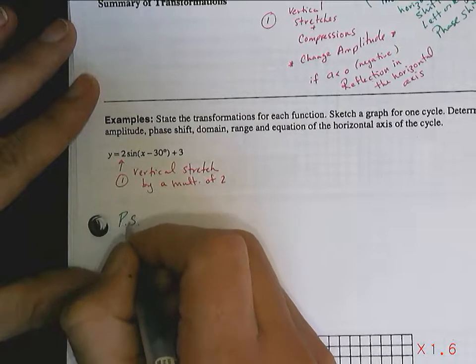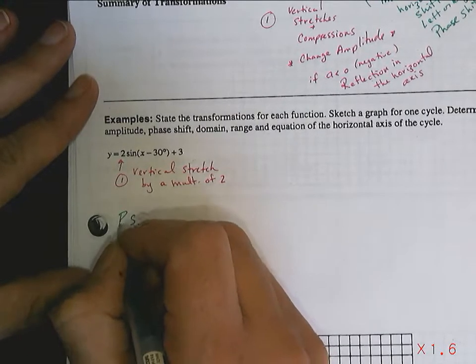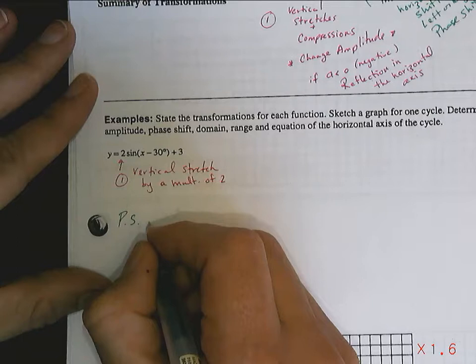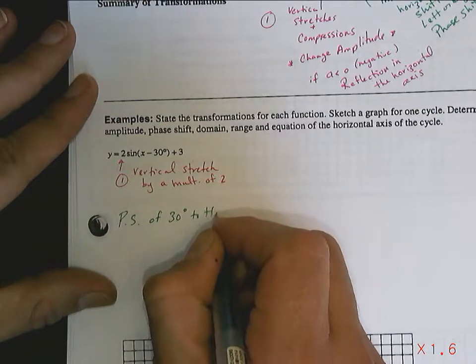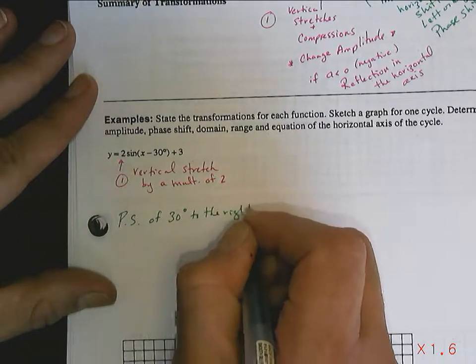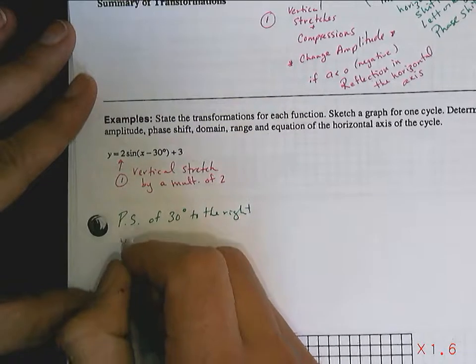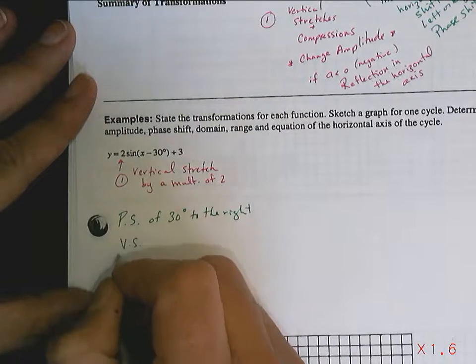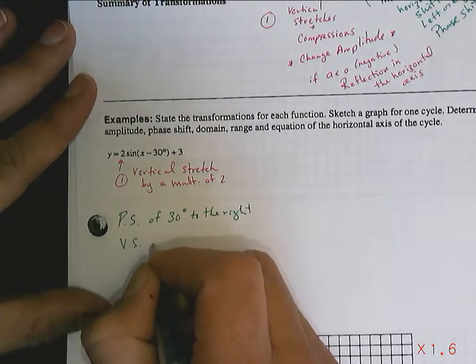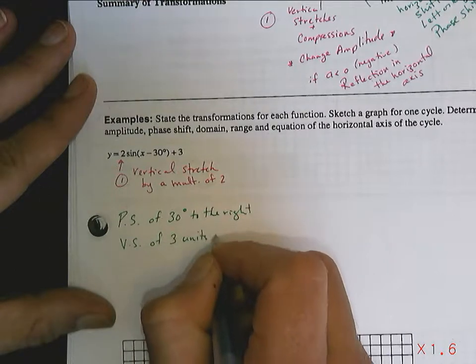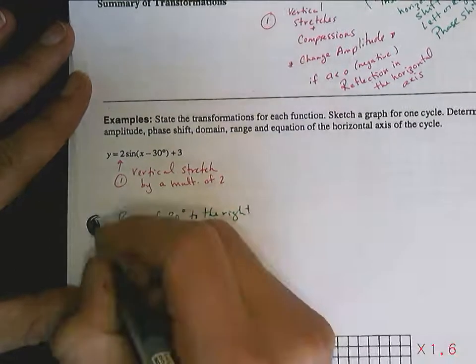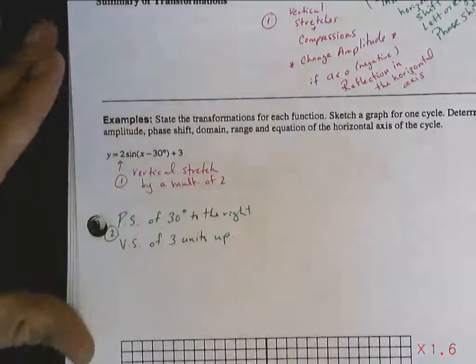P.S. will stand for phase shift. So it's a phase shift of 30 degrees to the right, and you have a vertical shift, VS, of 3 units up. And those are going to happen second.